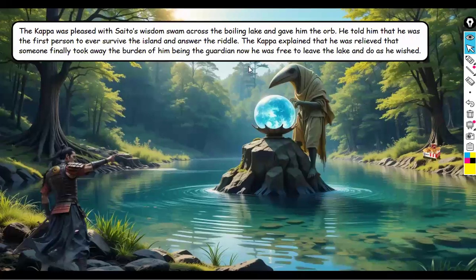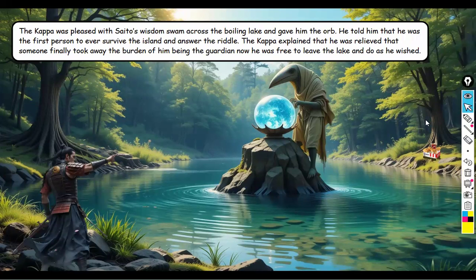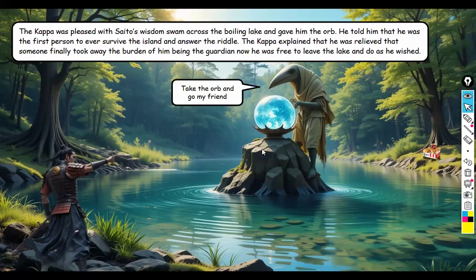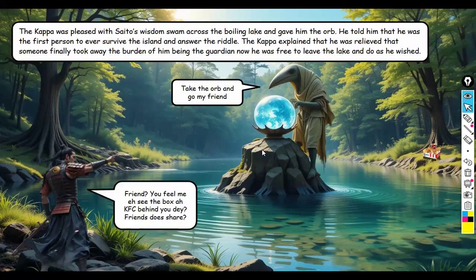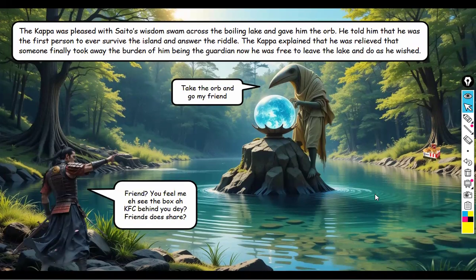So he's going to give him the orb. I didn't get to do the voices for this as yet, so you'll have to read in the meantime. Right? If you all didn't see the box of KFC, it's right here.